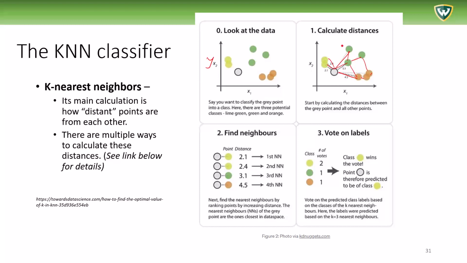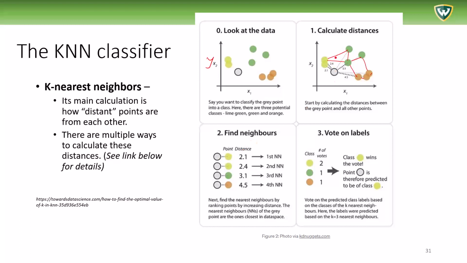So this distance calculation is essentially what KNN does. Even before we identify how near the points are to this new point, it needs to identify the distance between each of the points. And once it does that, then we can find the neighbors.